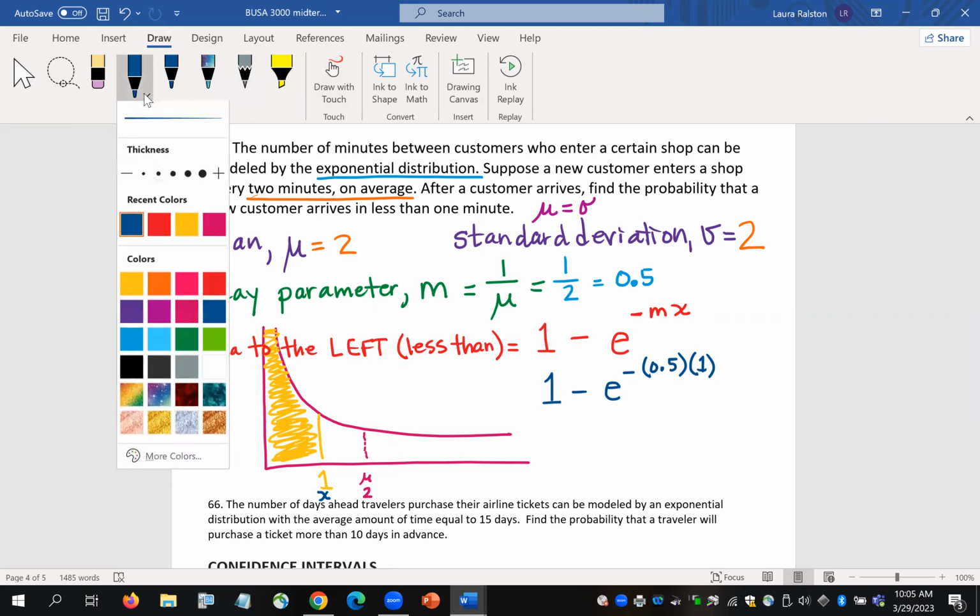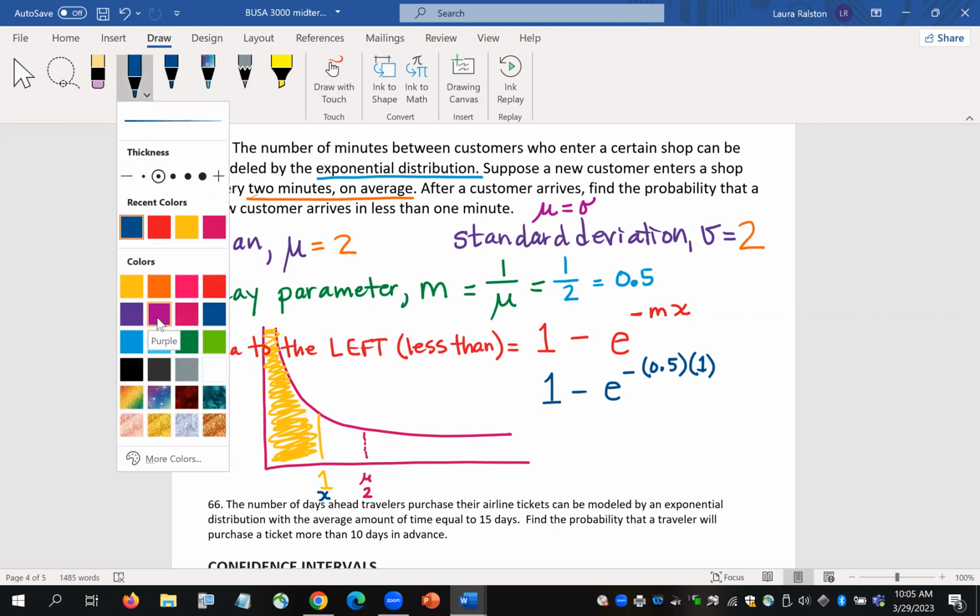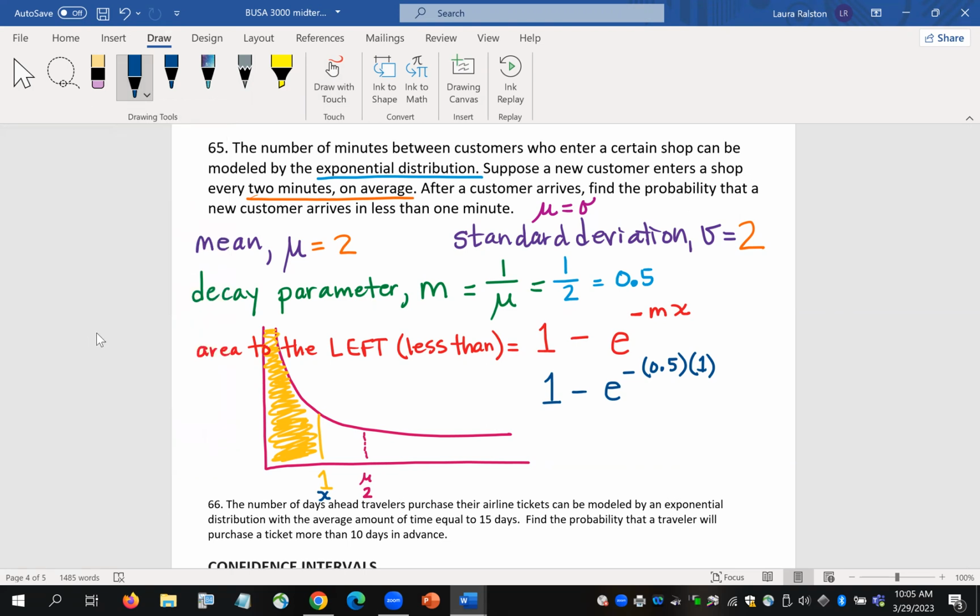Now I can do those calculations, to a point, simple enough. I can do them in my head. So I would have 1 whole minus E. Okay, so negative 0.5 times 1 is negative 0.5. And then I'm going to get my calculator and type that in.